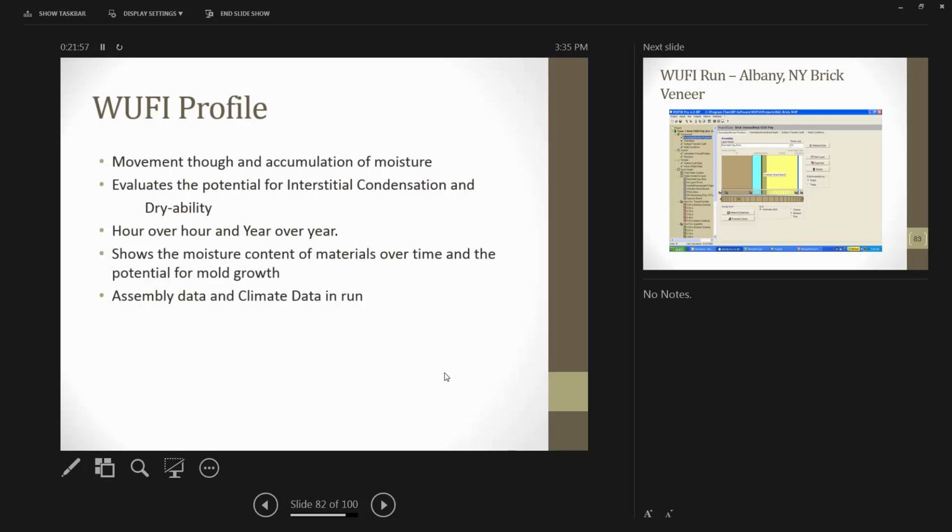So just like in that slide I showed you, you're inputting all of the information for your assembly: the amount of each material, the perm rating of it, and the program's got a lot of the data already in it.